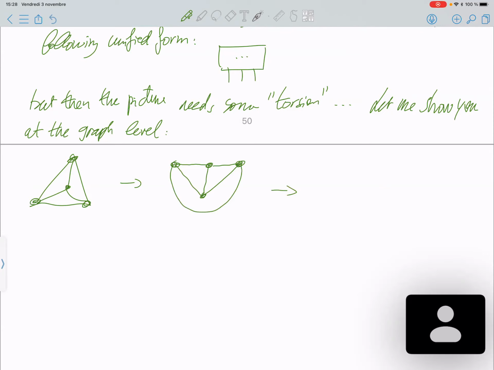And then we need to do something like that, because in fact we want the edges to be below. Every edge should be below. So you should have something like that.